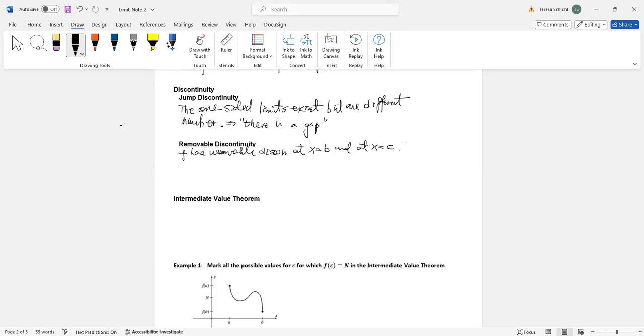What does that mean? The limits at b and c exist.